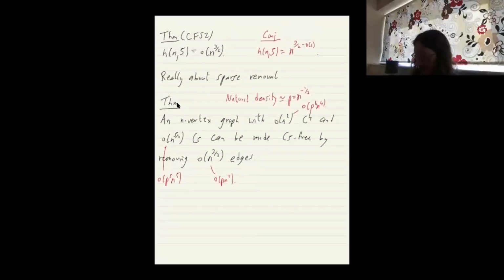So let's define an extremal number for equations. Let E be a linear equation.